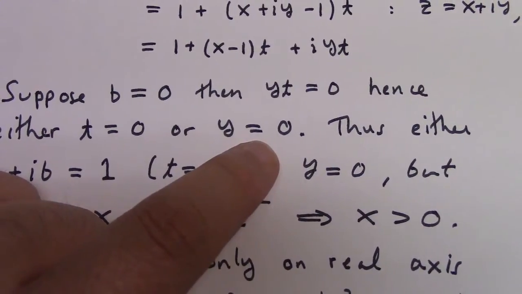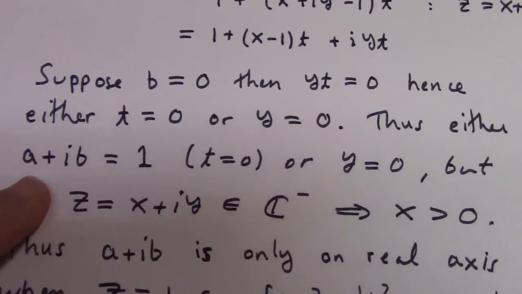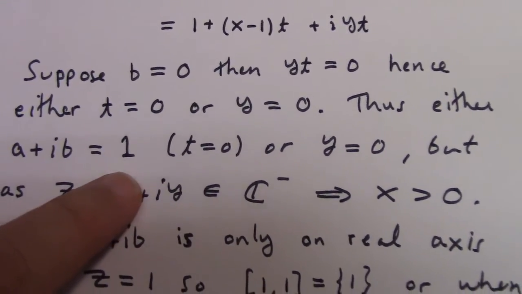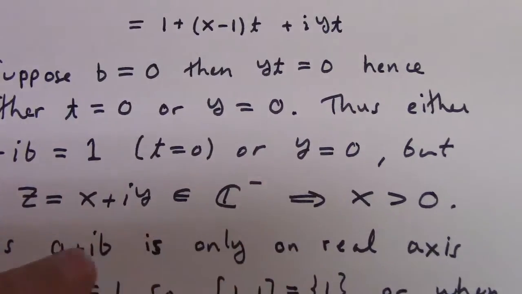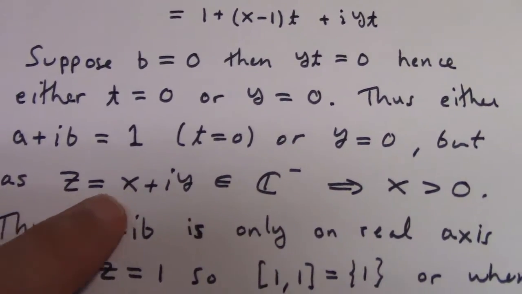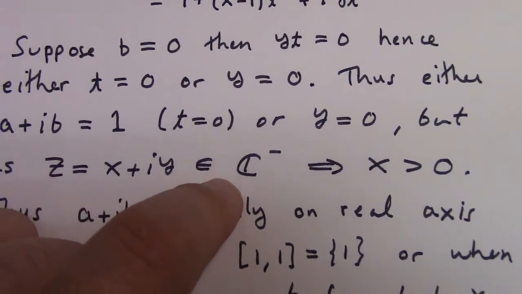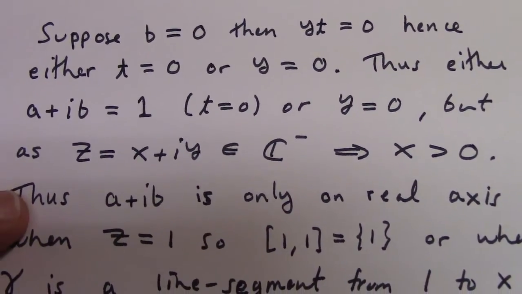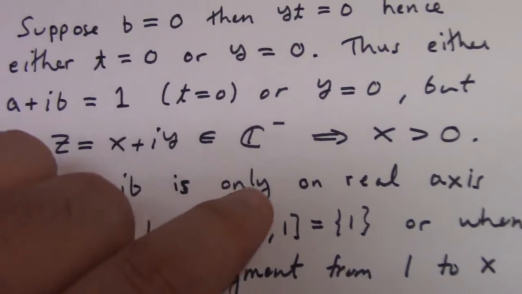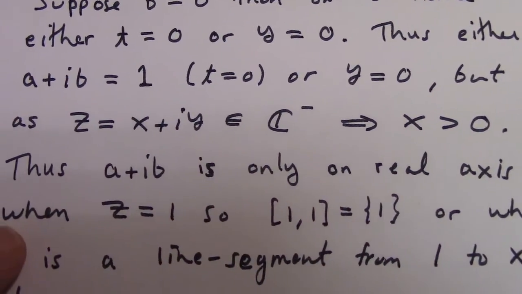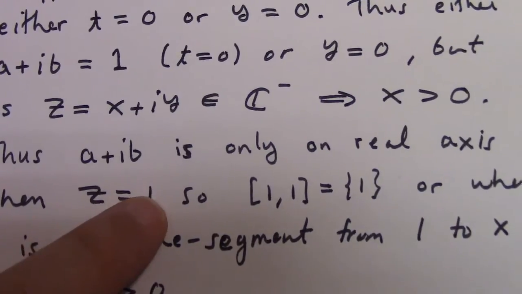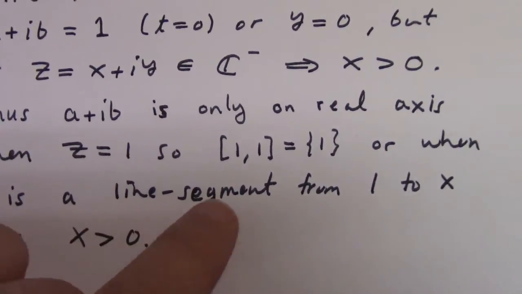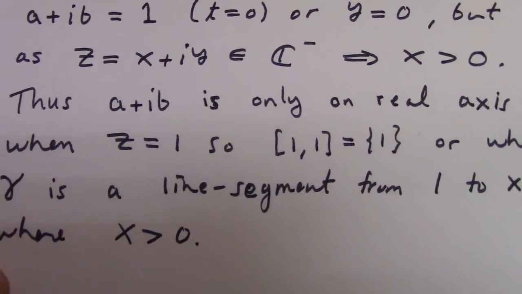If t equals 0, we get a plus ib equals 1. If y is equal to 0, then since x plus iy is an element of the slit complex plane, that means x is greater than 0. That then means a plus ib is on the real axis when gamma is a line segment from 1 to x, where x is greater than 0.